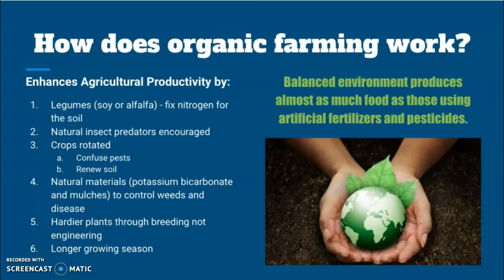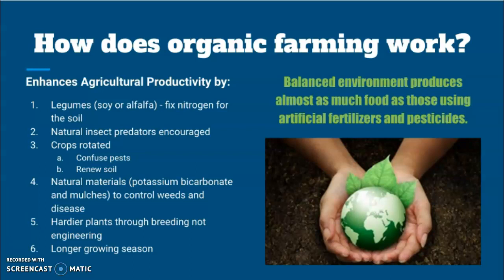So it enhances productivity by planting legumes, which are soy and alfalfa. So they fix the nitrogen into the soil. They use natural insect predators to get rid of the insects. Their crops are rotated. By rotating the crops, you can confuse the pests, but you also renew the soil. You have some natural materials that they use to control disease and weeds, and you end up getting hardier plants.